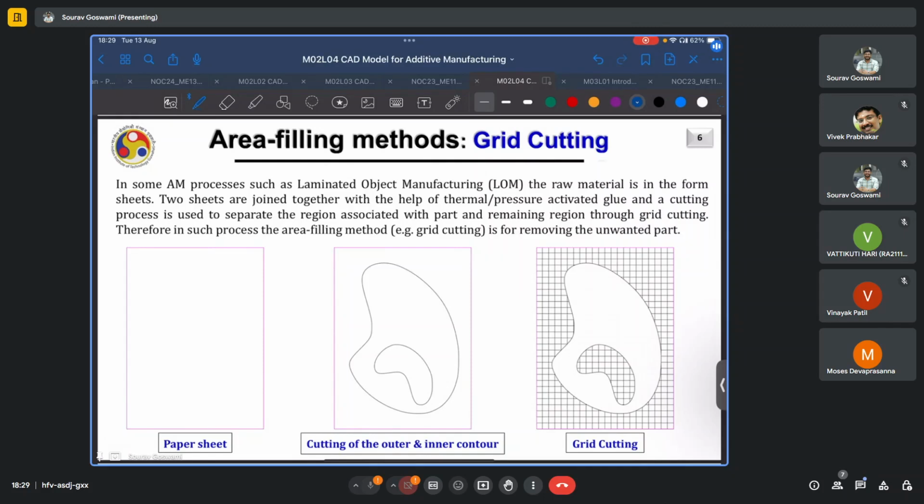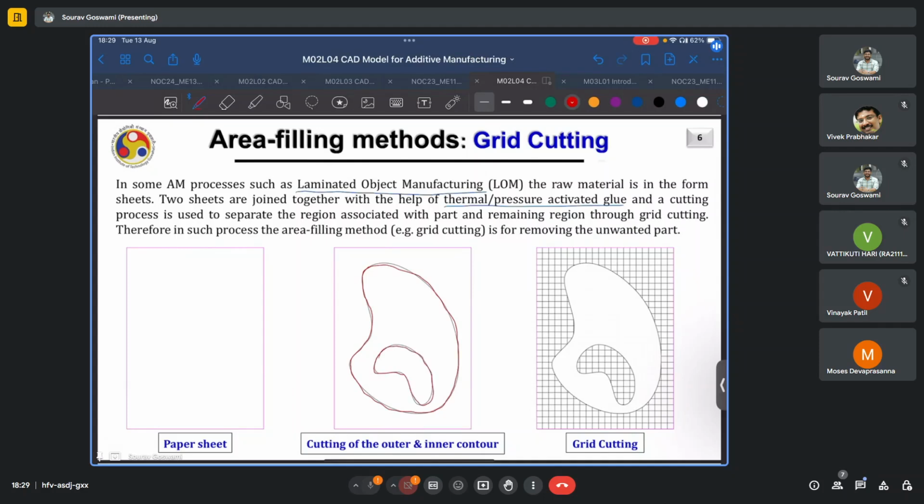And it is especially useful in processes such as laminated object manufacturing, which typically utilizes sheets as the raw material, and two sheets are joined together with the help of, say, thermally activated or pressure activated glue. And a cutting process is used to separate the region associated with part and remaining region through grid cutting. First, you will have, say, a pass of laser or knife which cuts these exterior contour, and the interior contour.